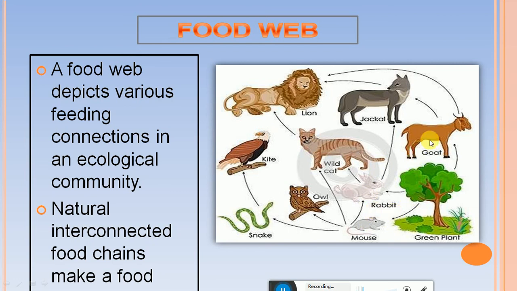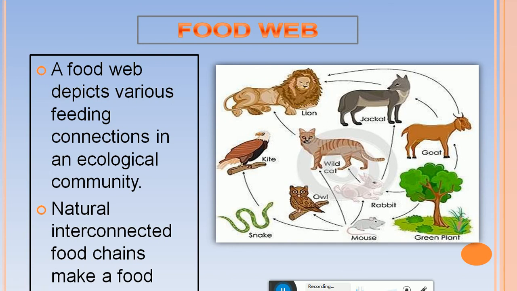This jackal will feed upon the goat by hunting it, so it becomes the secondary consumer. Similarly, the lion can hunt the goat as well as the jackal and use it as prey and food, so it becomes the tertiary consumer.